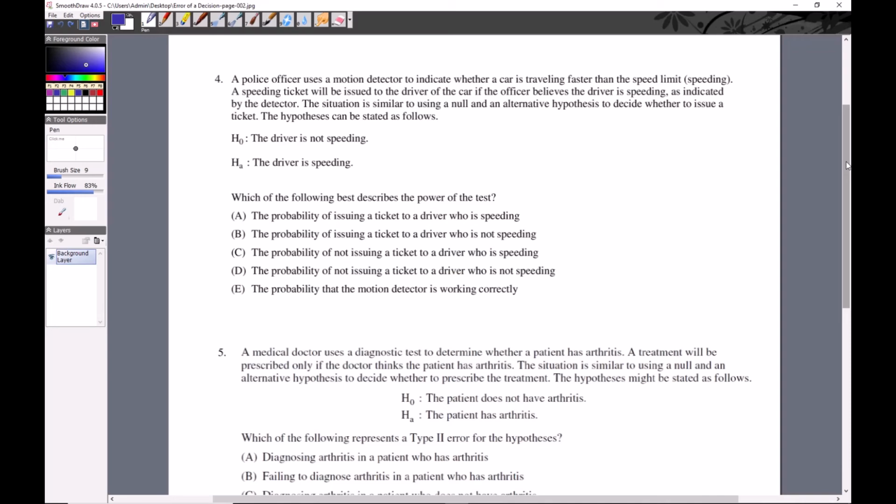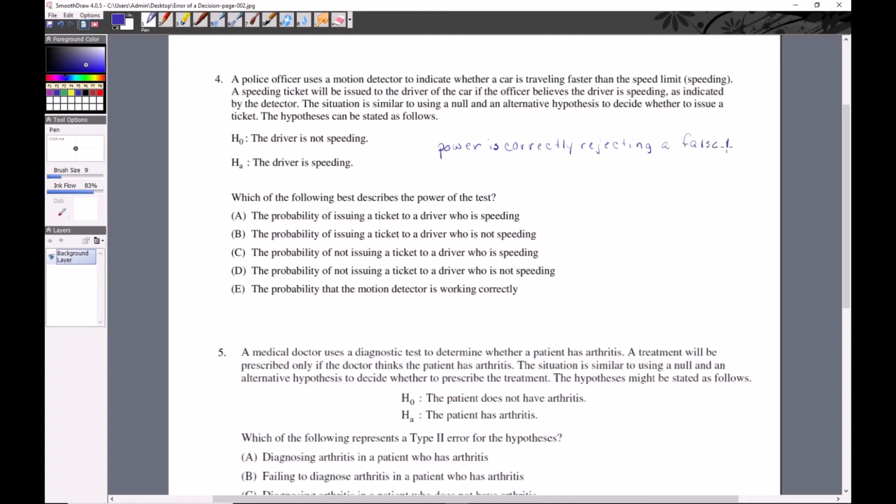Let's see. It says, which of the following best describes the power of the test? And remember, power is correctly rejecting a false H0.